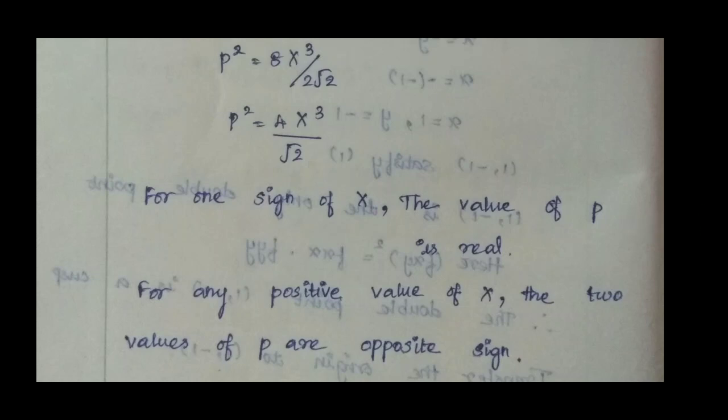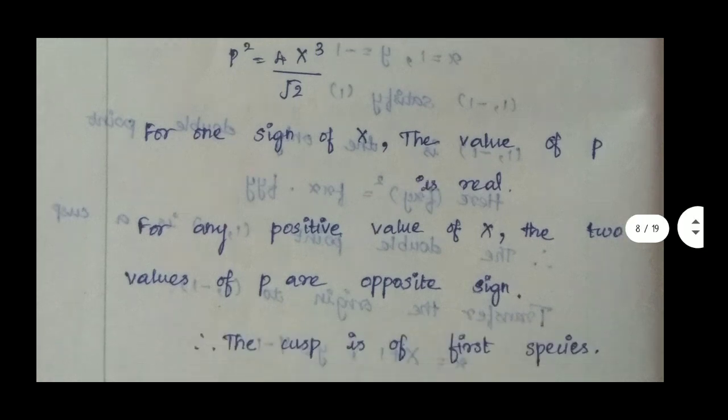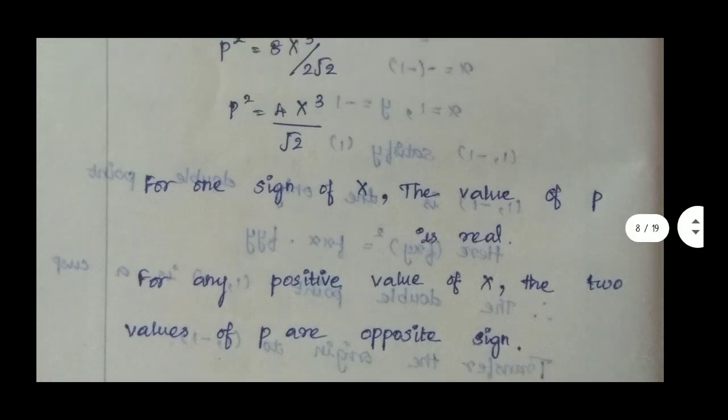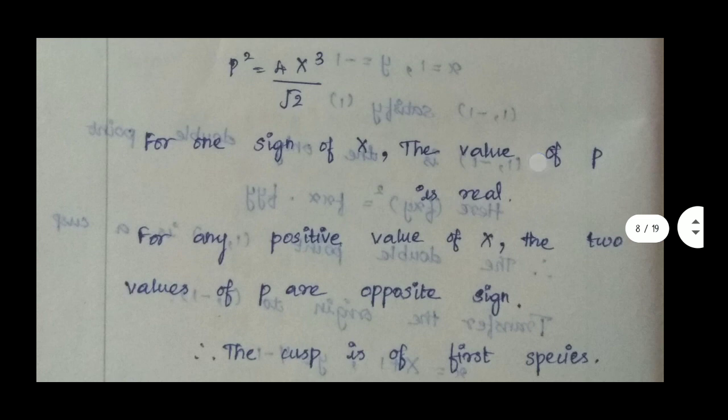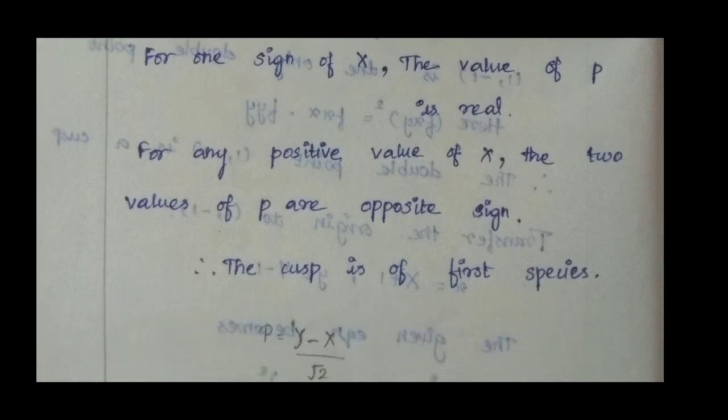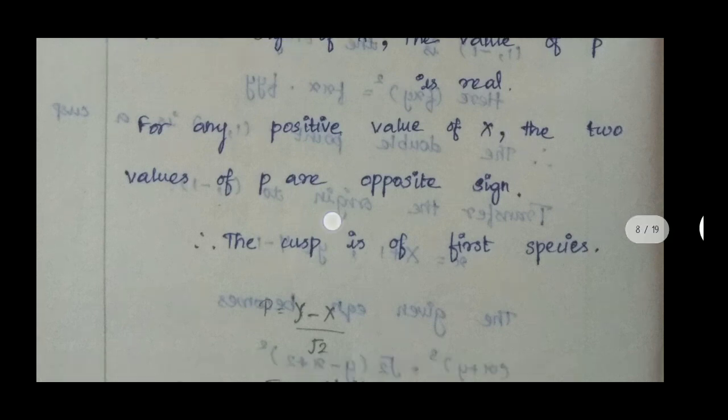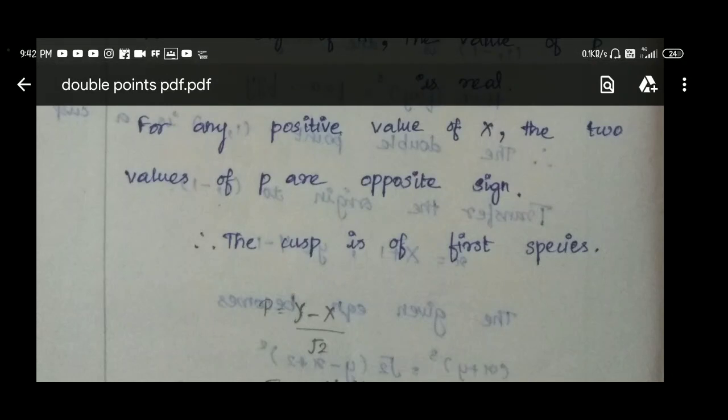For any positive value of X, p equal to plus or minus root of 4X cube by root 2, so the two values of p are of opposite signs, plus and minus. Hence the cusp is of first species.